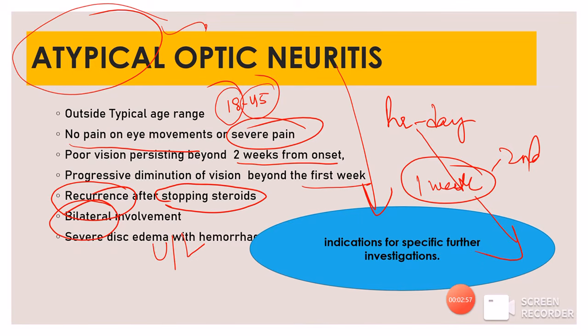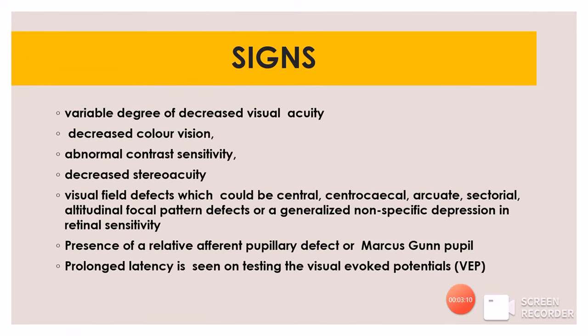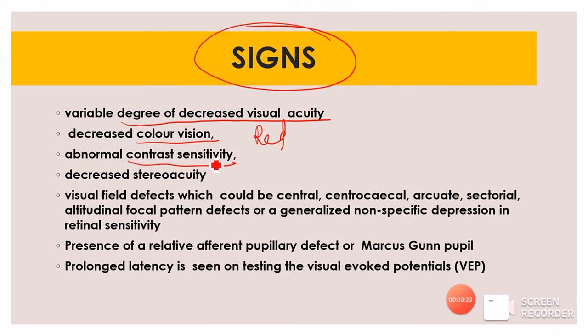Now, one more important difference is that in the typical optic neuritis, there was a mild disc edema without any hemorrhages. However, in atypical optic neuritis, you might actually see severe disc edema with hemorrhages. Now, what are the various signs that you see in the case of optic neuritis? As I already told you, there will be a variable degree of visual acuity loss, decreased color vision, specifically red desaturation, decreased contrast sensitivity, and decreased stereo acuity.